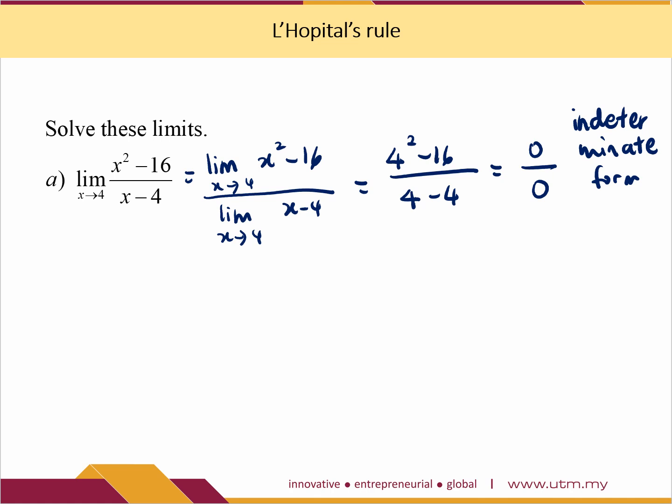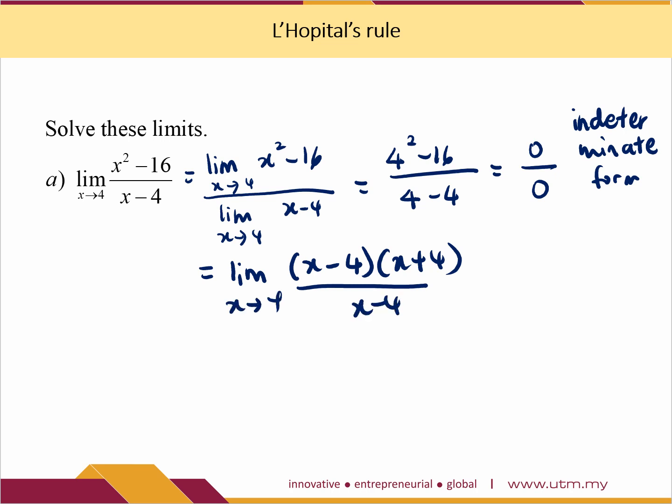So instead of just substituting x into this function, we can see that the numerator x squared minus 16 can be simplified, where we write it as the limit of x minus 4 times x plus 4 divided by x minus 4 as x approaches 4.